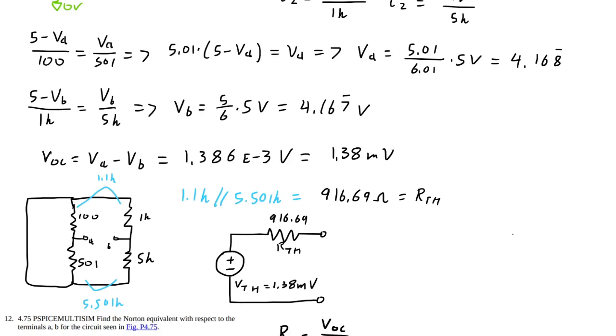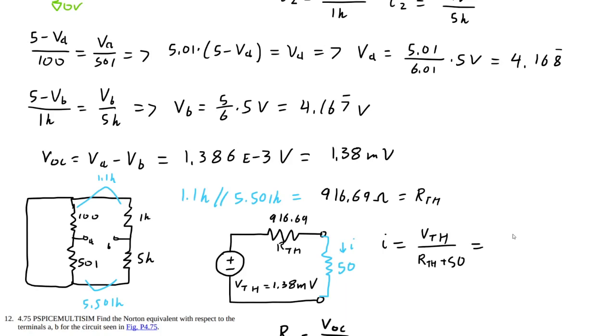And we're going to hook up our 50 ohm galvanometer. And we're going to find out what I is. So we're going to use Ohm's law. I is going to equal V Thevenin divided by R Thevenin plus 50.